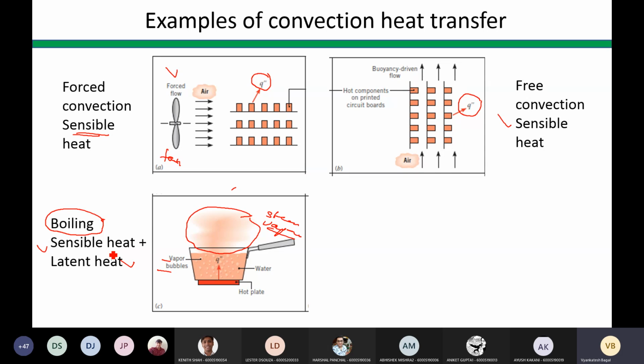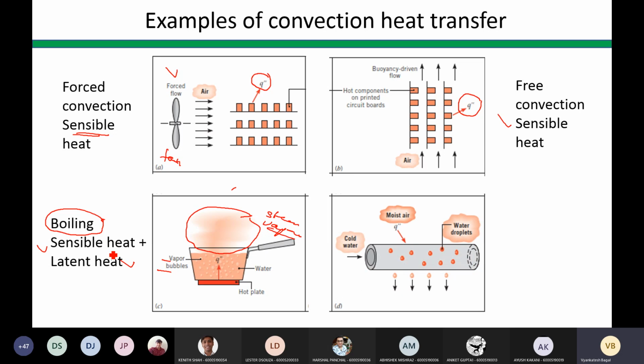Now look at the last example. What do you see on the screen? There is a pipe, and cold water is going through this pipe, and there is moist air surrounding the pipe. If you look carefully at the diagram, the temperature of the moist air is more than the temperature of the cold water.